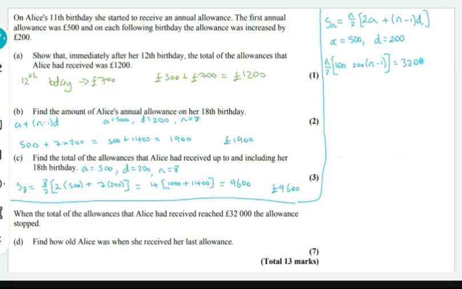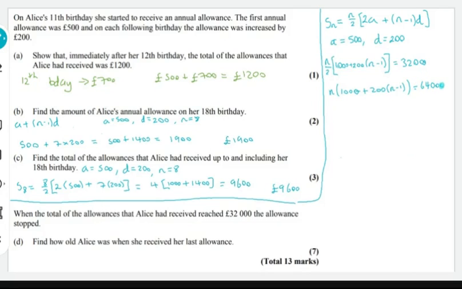So we just need to solve this. If I times everything through by 2, I get n lots of 1,000. Sorry, that should say 1,000. I do not need to be making mistakes now of all times. Plus 200 lots of n minus 1 equals 64,000.